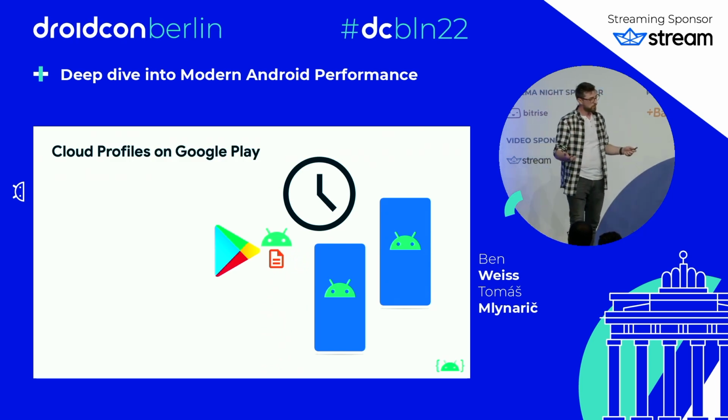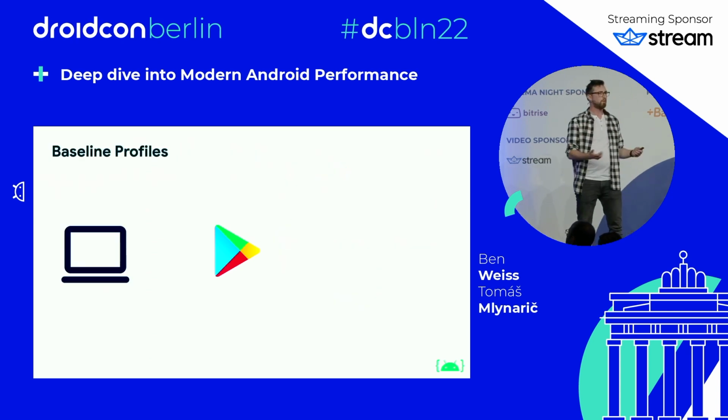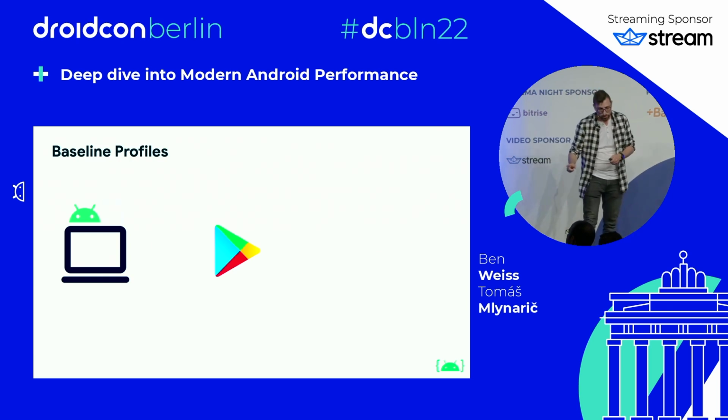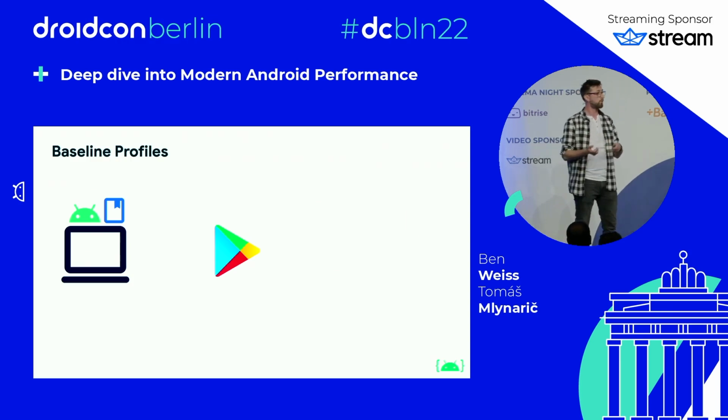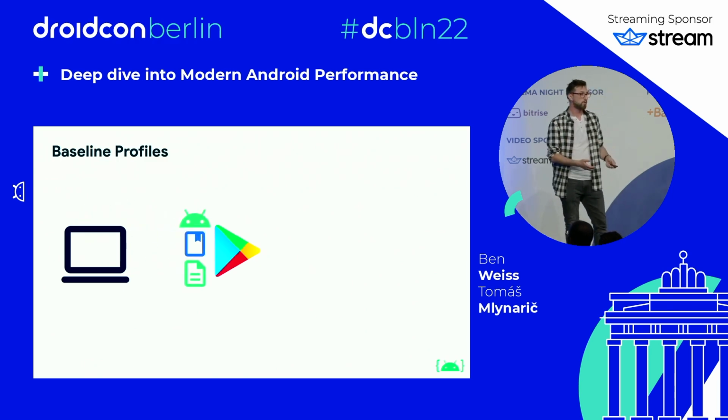So what if, instead of waiting on cloud profiles, you could generate basically the same rules on your computer for your application, or for an Android library, and then upload the application with the generated rules into Google Play.